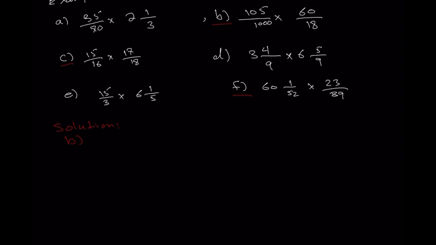We will see if we can, in the multiplication, simplify the second fraction's numerator with the denominator of the first fraction, or vice versa. We can simplify them together or like that.